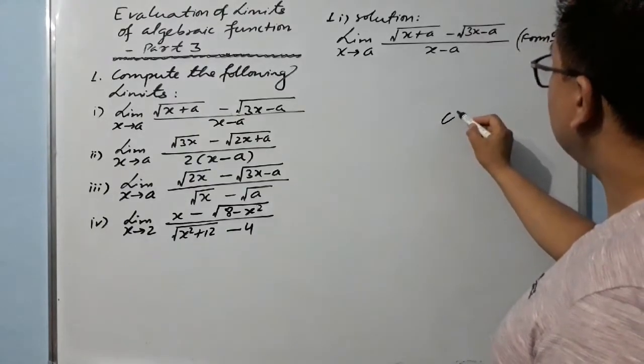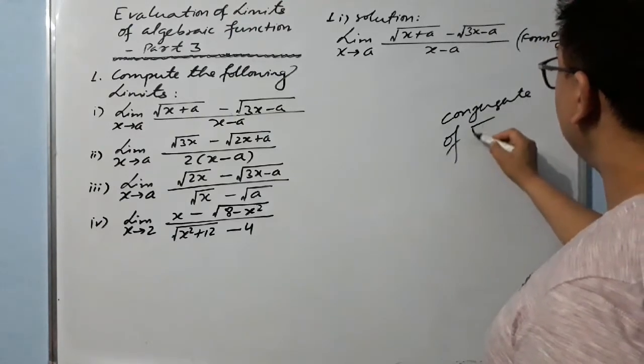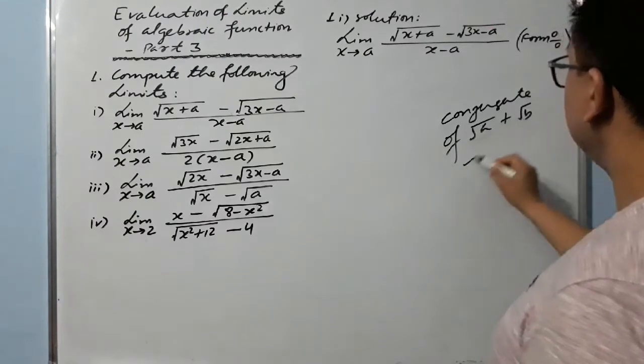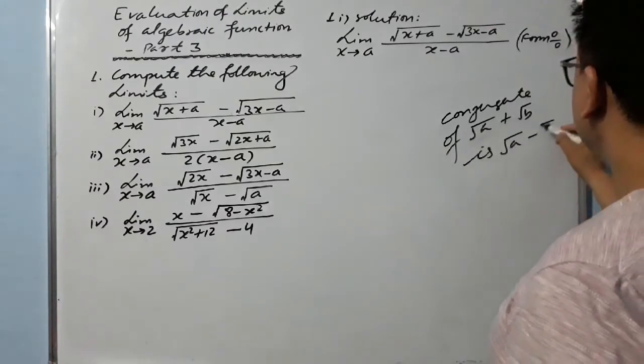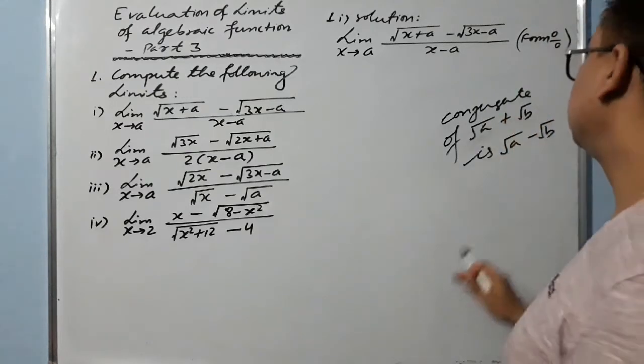The conjugate of root a plus root b is root a minus root b. The conjugate of root a minus root b is root a plus root b.